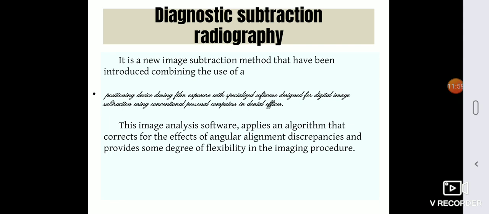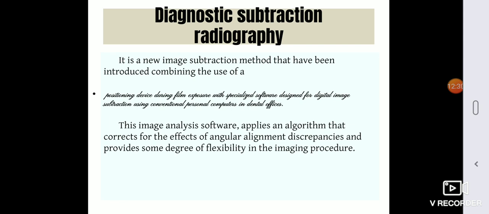So next is the diagnostic subtraction radiography. Now this is a new image subtraction method which has been introduced, and this combines the use of a positioning device, as you have seen in this class earlier. The positioning device is used during film exposure with specialized software designed for digital image subtraction, and this uses a personal computer or conventional computers which are used in dental offices.